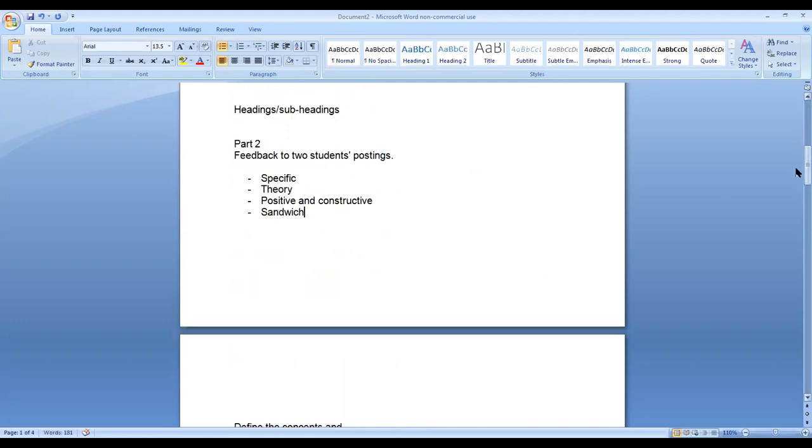The sandwich approach includes the positive feedback first: I understand you have done this, which is good. You also have covered that, which is great. Then you include the constructive feedback: I would recommend you to do this. I would suggest that you also cover this. Relate to the theory. And the last one is the encouragement, another positive feedback.